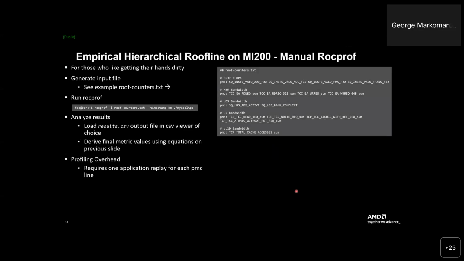You can take the counters and, through rocprof, do four or five different executions and calculate the roofline yourself.